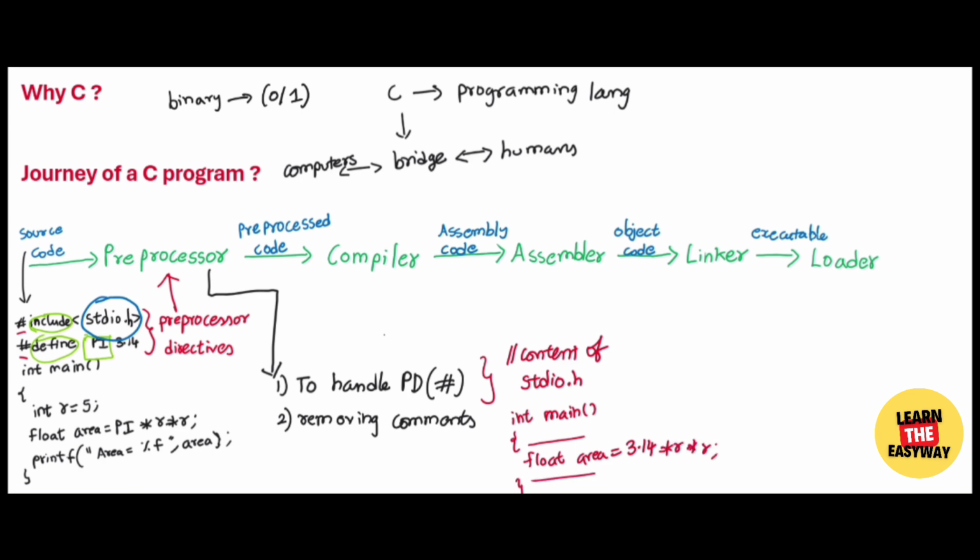Two things were handled here. First, the content of the stdio.h header file is placed above our source code, and then the word pi is replaced with 3.14. So this is our preprocessed code.